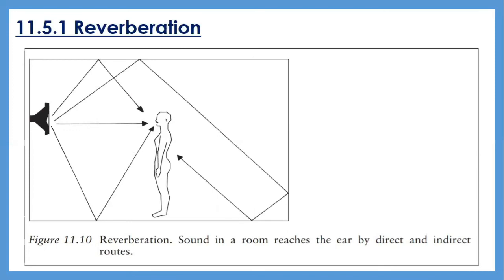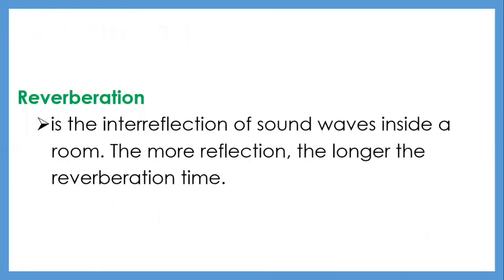As you can see in figure 11.10, it shows a sample of the reverberation characteristics of a room. And as you can notice, sound in a room reaches the ear by direct and indirect routes. Reverberation is actually the inter-reflection of sound waves inside a room. So the more reflection, the longer the reverberation time.